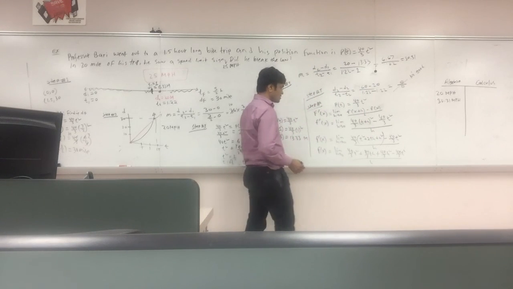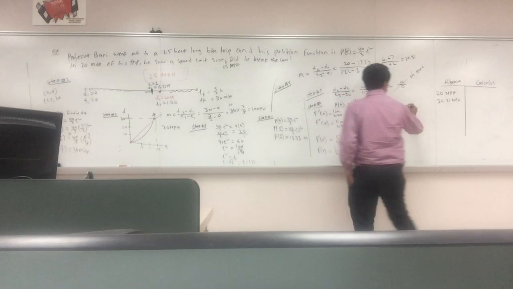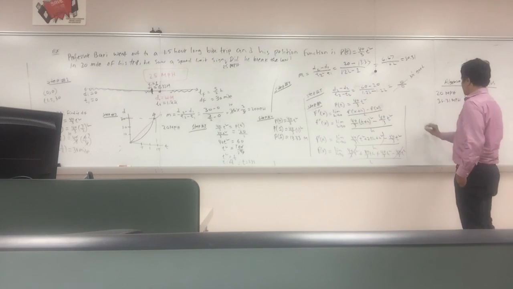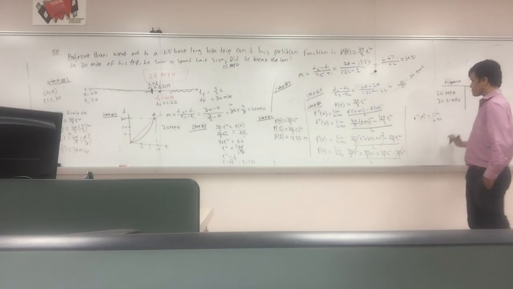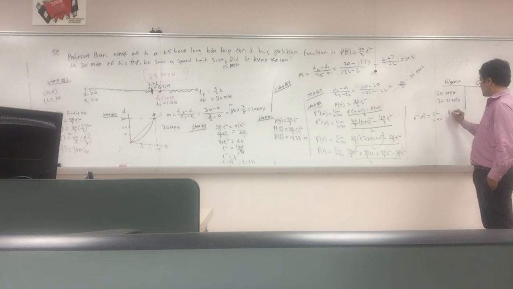So the 40 over 3 t squared terms cancel, so that's good. Now we can write f prime of x is the limit as h goes to 0 of 80 over 3 th plus 40 over 3 h squared, over h.